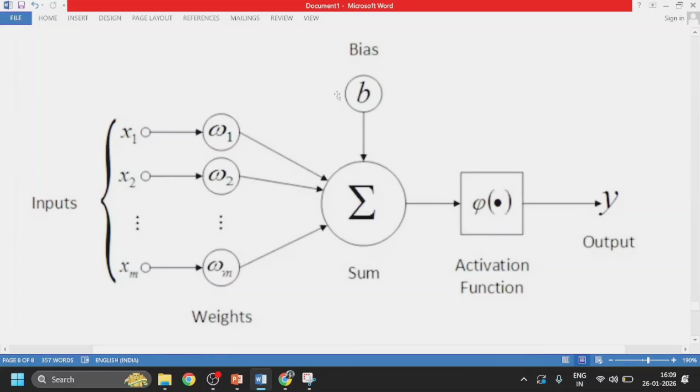Then here is the activation function. We can use ReLU or any other, such as sigmoid or softmax, according to your need. So here we have the feed forward neural network, and it has two linear layers with a ReLU activation function in between. This is the activation function and this is the output.